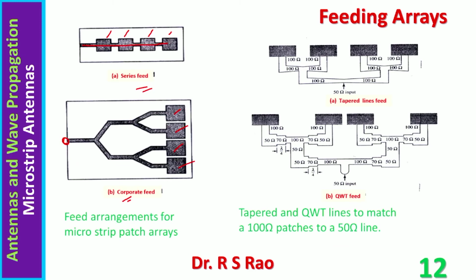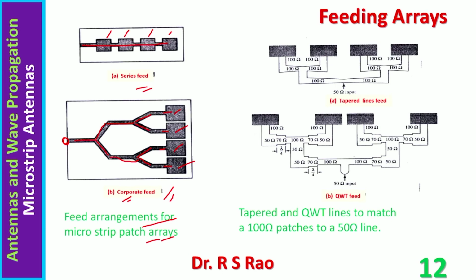The actual signal input is given here. It is split into 2 parts, again 2 parts, 2 parts. Now we have a total of 4 parts. These 4 parts are going into 4 patches. This is corporate feed. These two are feed arrangements for microstrip patch arrays.